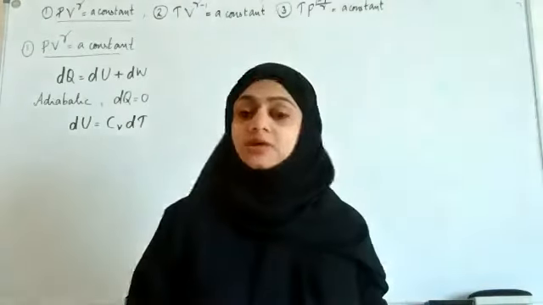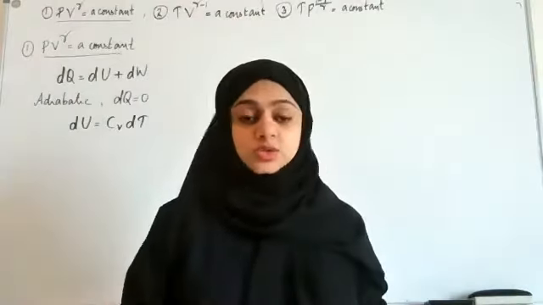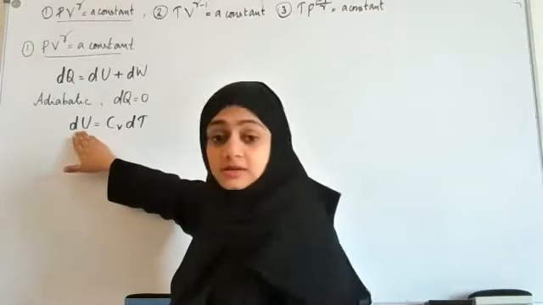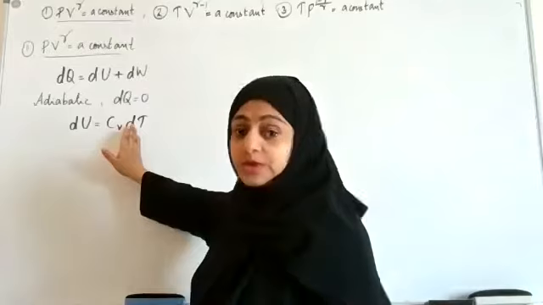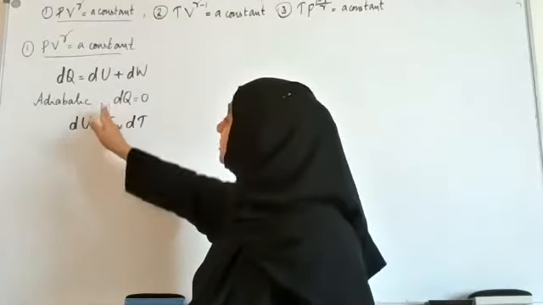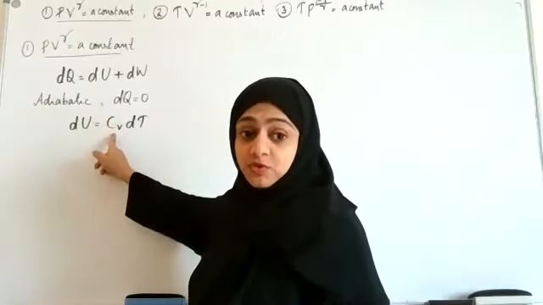So this is valid for isothermal, adiabatic, isobaric, isochoric, all the processes. So the change in internal energy is directly proportional to the change in absolute temperature, and the proportionality constant is the molar specific heat capacity at constant volume.